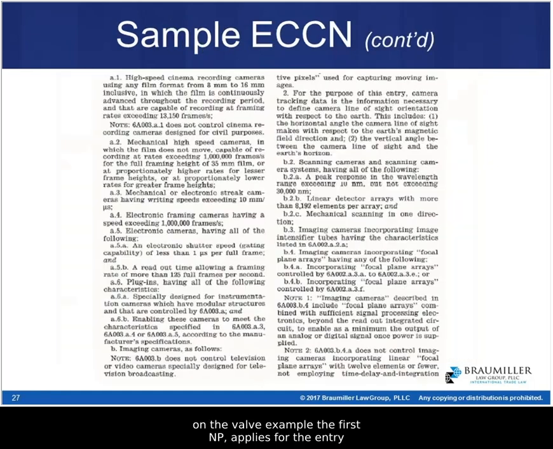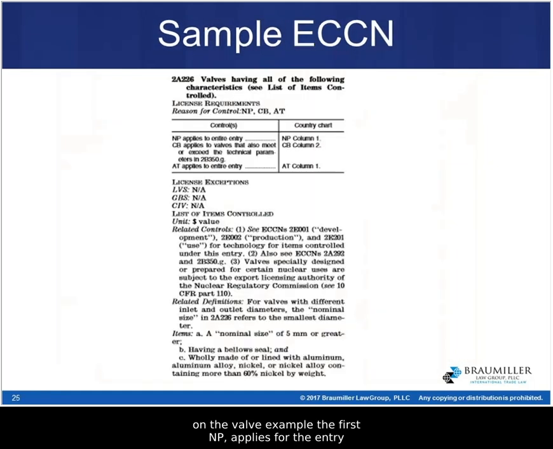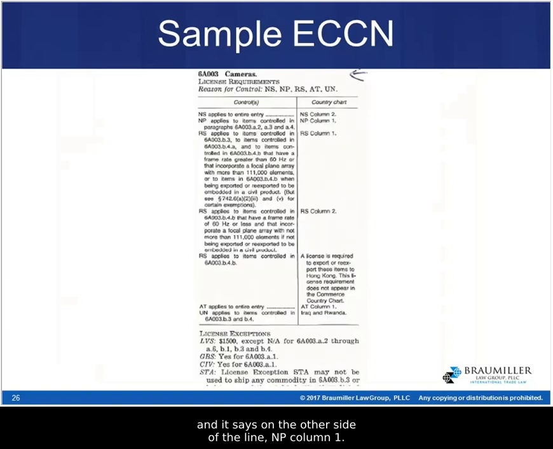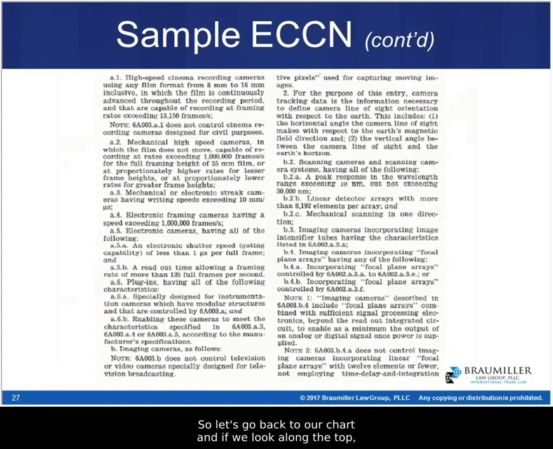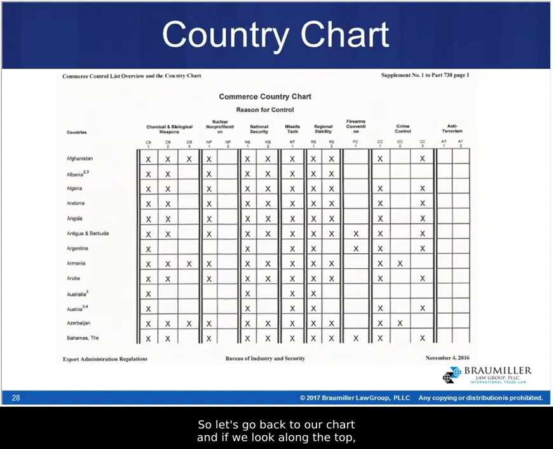So let's back up a couple. And we see on the valve example, the first NP applies the entire entry, and it says on the other side of the line, NP column 1. So let's go back to our chart. And if we look along the top, we see NP is 1, 2, 3. That's the fourth reason for control over.